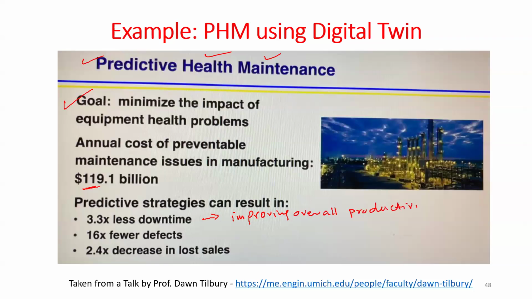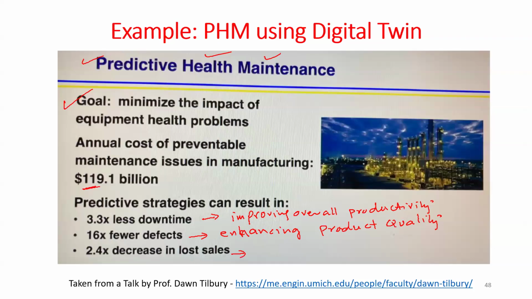The second thing is about 16 times fewer defects, so it is basically enhancing product quality. And then there is a 2.4 times reduction in lost sales.